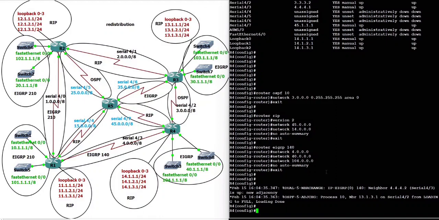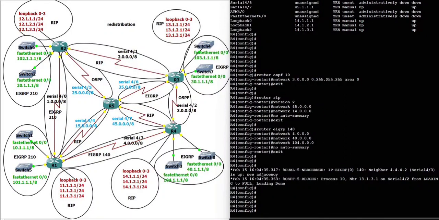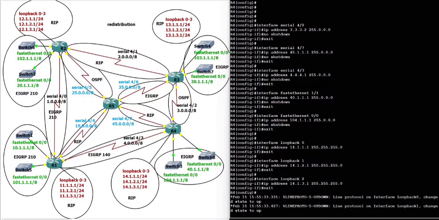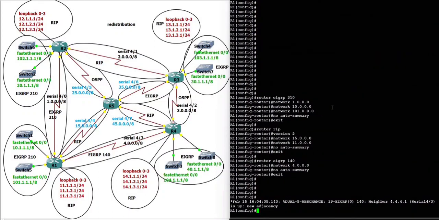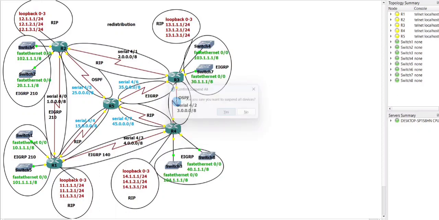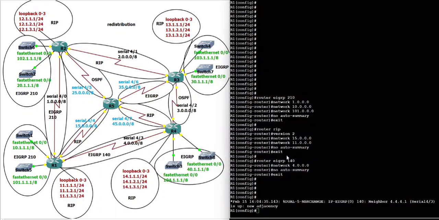Okay, now we are going to configure redistribution, but before configuring the redistribution, we see on routers what route is installed in our routing tables.